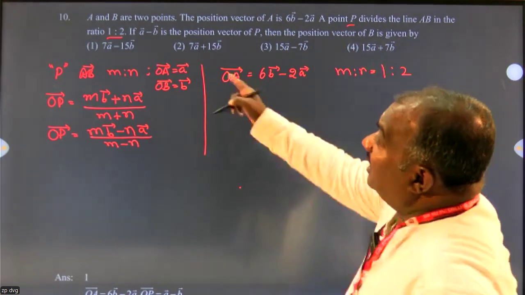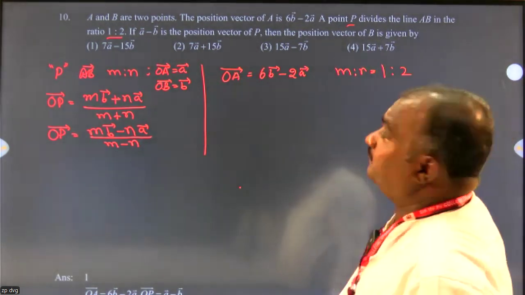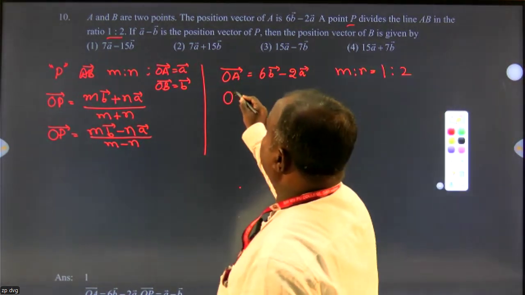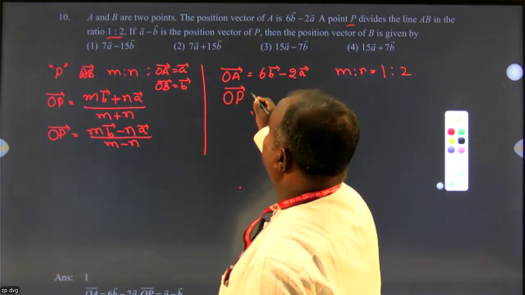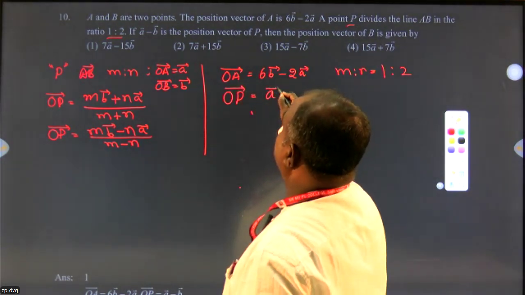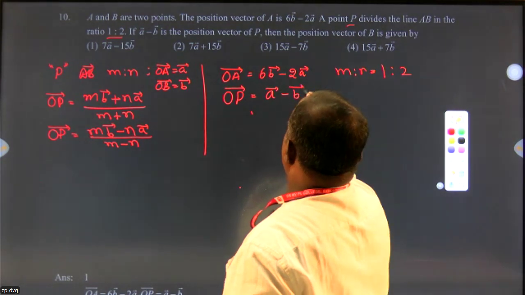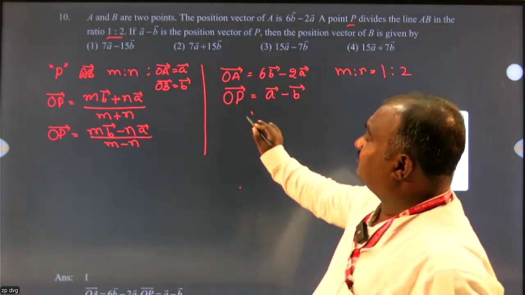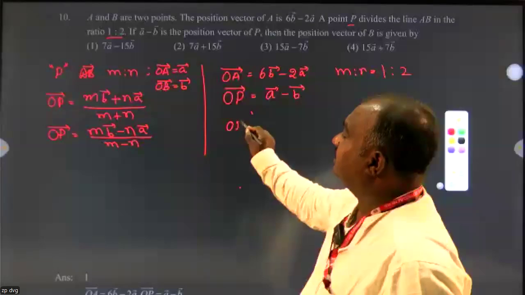And A bar minus B bar is the position vector of P, that means OP bar is given. Then the position vector of B is asked. Observe there, what is asked? OB bar is equal to question mark.